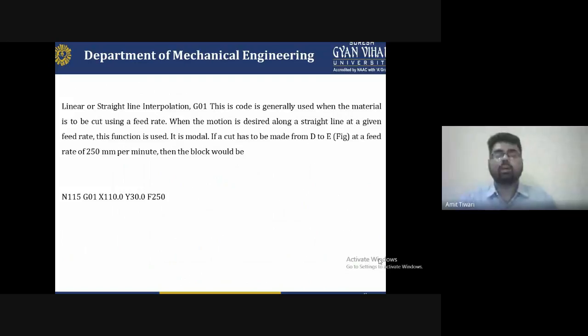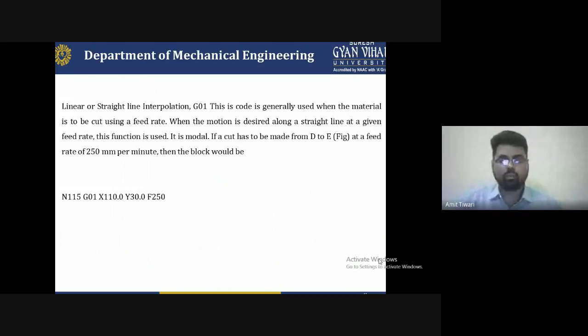N115 is the block number, G01 is the code used for linear motion, X110 is the value for the X axis, Y30 is the value for the Y axis, and F is the feed rate, which is 250 mm per revolution.